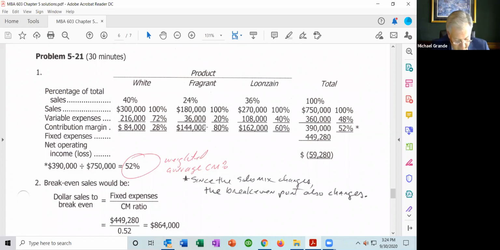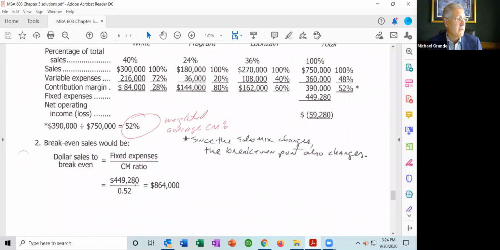Let's read item 2. Compute the break-even point in sales dollars for the month based upon your actual data. Again, when you have a multi-product sale, you need to use the combined contribution margin ratio. You have a combined contribution margin ratio of 52%.